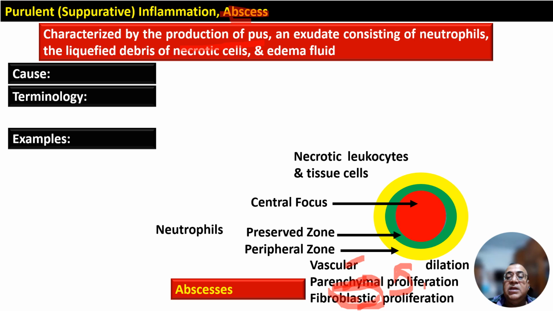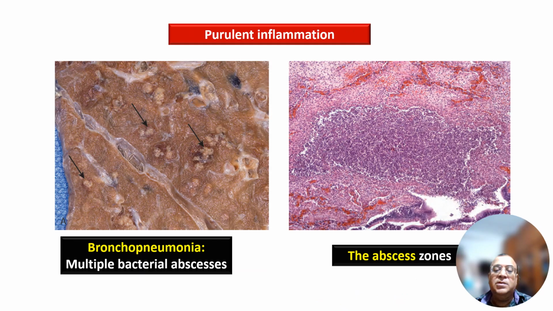Sometimes ultimately this is resolved by scar formation due to proliferation of these fibroblasts. These gross pictures are showing purulent inflammation.